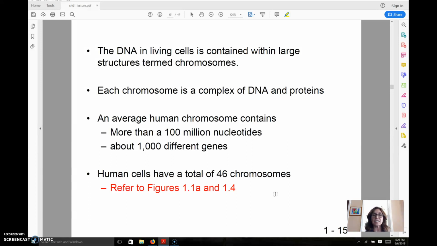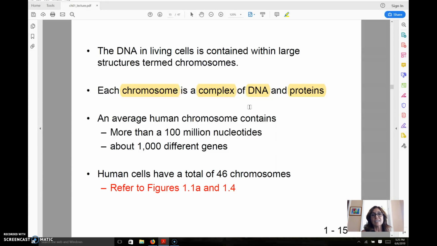Now, all of our DNA is packaged into what we call chromosomes. Chromosomes are basically a complex of DNA and proteins. All right, what does the word complex mean? Complex is a chemical term that means you're sticking things together. You're sticking molecules together. They stick together to do so for a reason, okay?